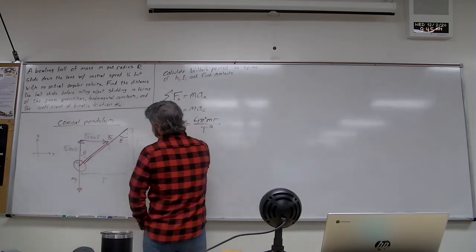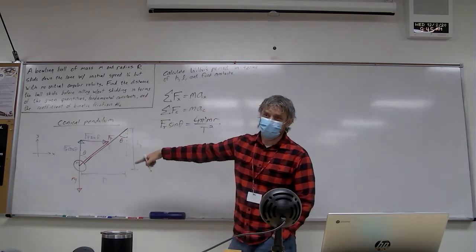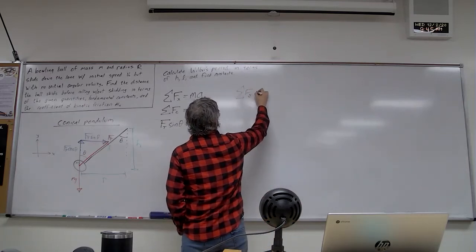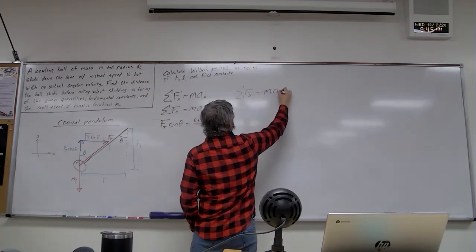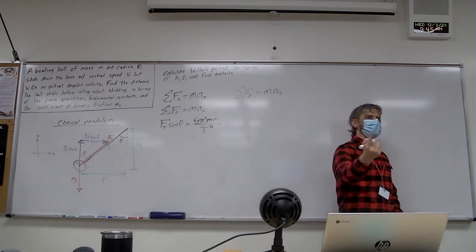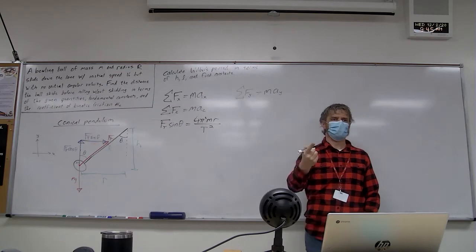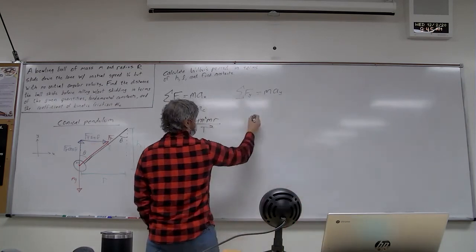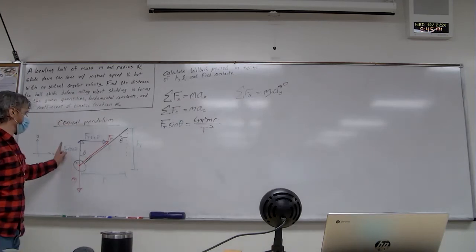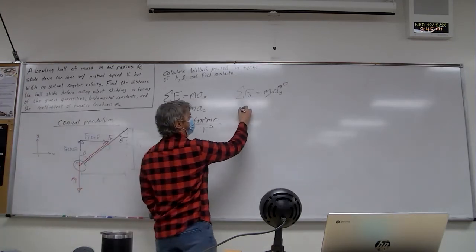All right, so look at the vertical forces, the net force in the y direction. That's going to be the mass times the acceleration in the y direction. What's Wilbur's acceleration in the y direction? 0. He's not accelerating. He's at rest in the y direction. So this side becomes 0. I have a positive tension times cosine theta.